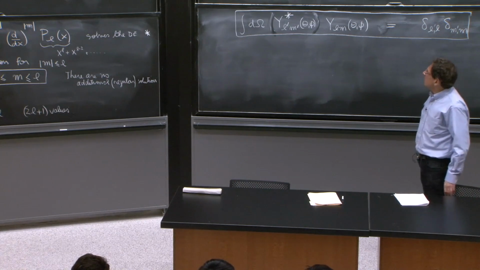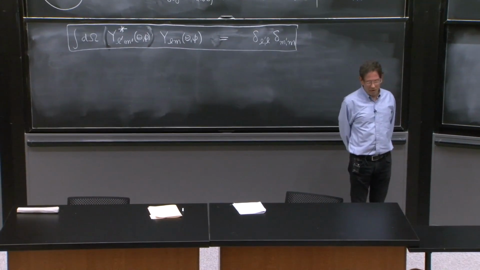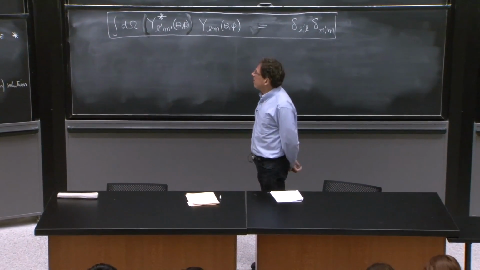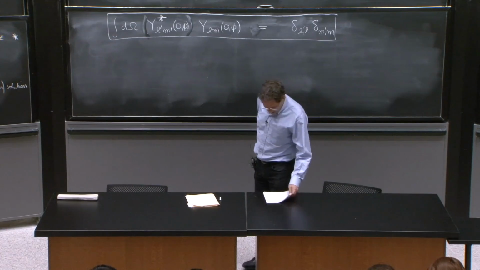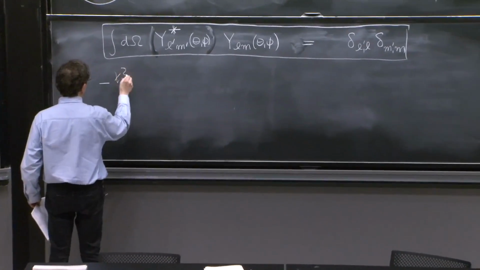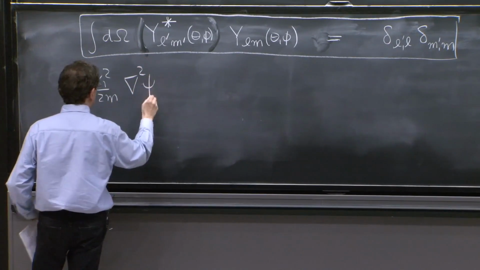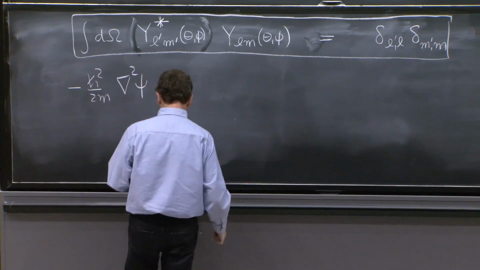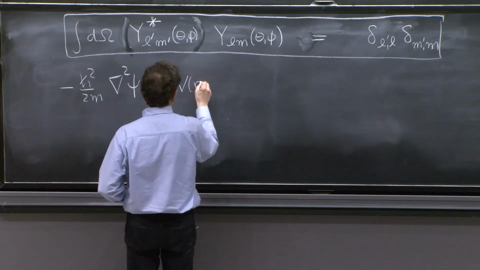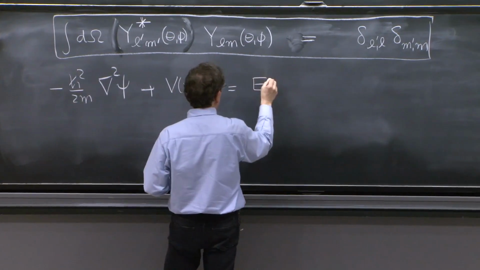So, time to go back to the Schrodinger equation. So for that, we remember what we have. We have minus h bar squared over 2m Laplacian of psi plus V of r psi equal E psi.